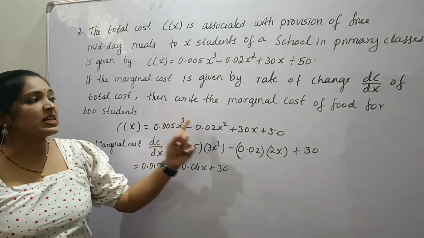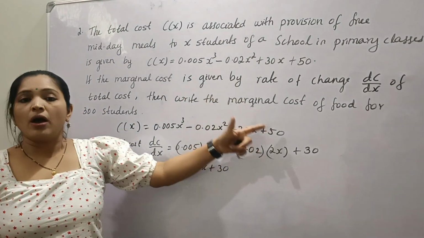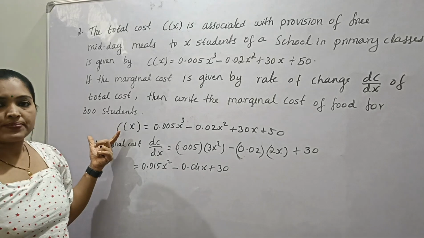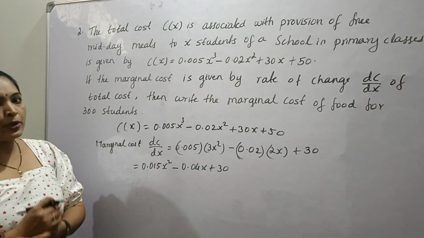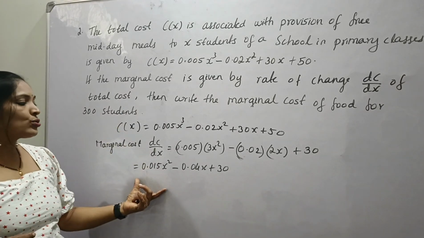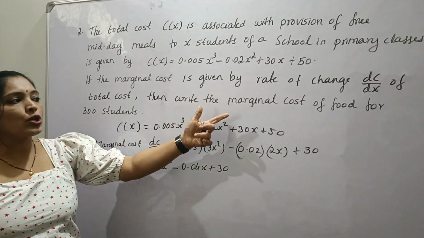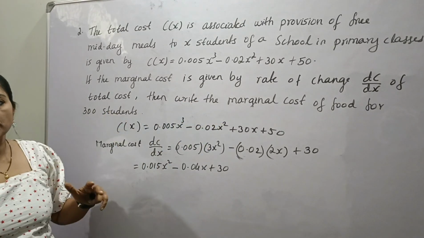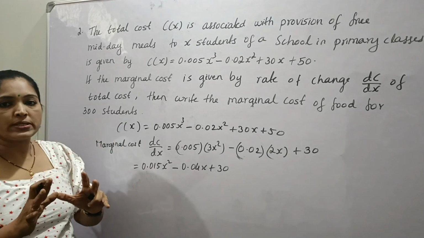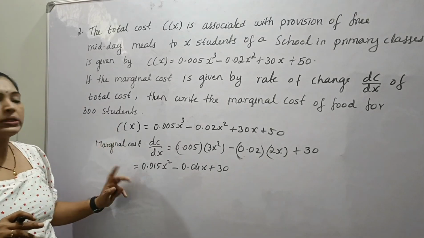We have to find marginal cost of food for 300 students. Here x is the number of students, so we have to substitute x = 300. That is, marginal cost of food for 300 students means what is the marginal cost when x is equal to 300.